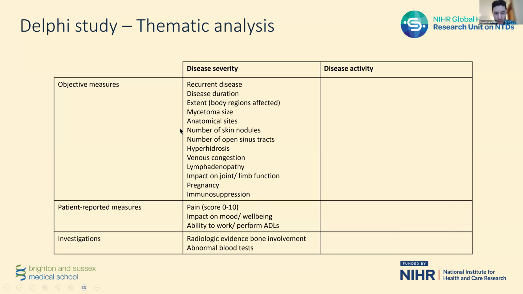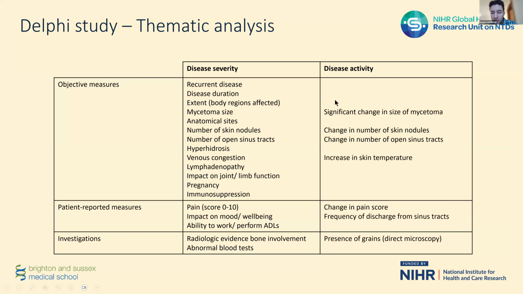So for disease severity, we had this list here of objective features, and then we had a few patient-reported measures such as pain or impact on ability to perform activities of daily living, and then we had some investigation results. And similarly for disease activity, we had some objective features, patient-reported features, and investigations. So this is how we organized the results that we received from round 1.